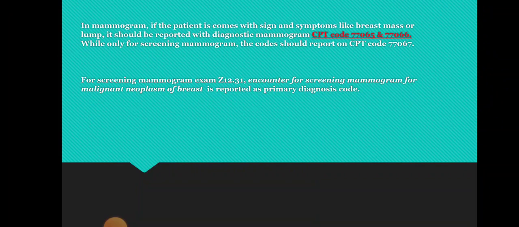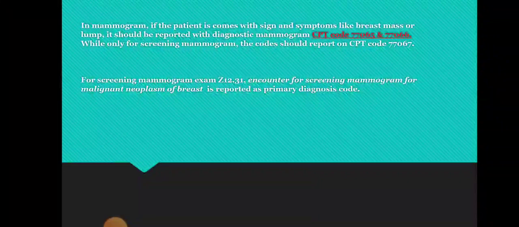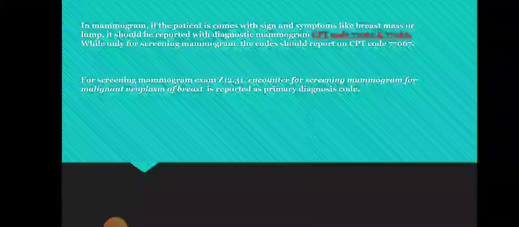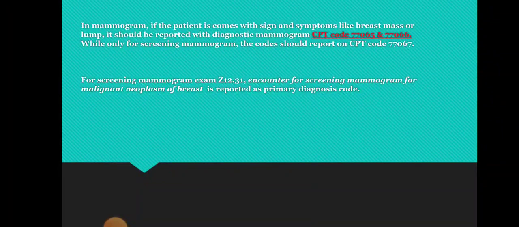Now for screening mammogram, the main thing to remember is there is a particular Z code, Z12.31, which is encounter for screening mammogram for malignant neoplasm of breast, and it is reported as the primary diagnosis code. To fulfill medical necessity or to support the CPT code, we have to code the supporting diagnosis, which for screening mammogram is Z12.31.